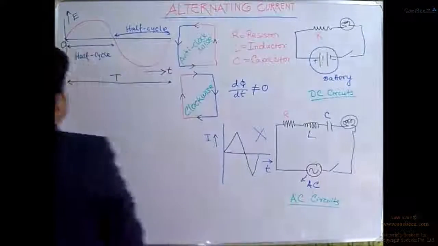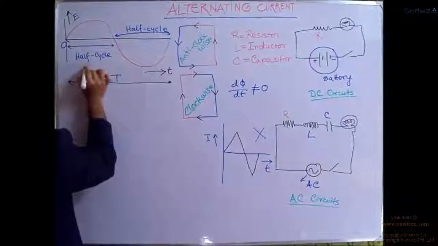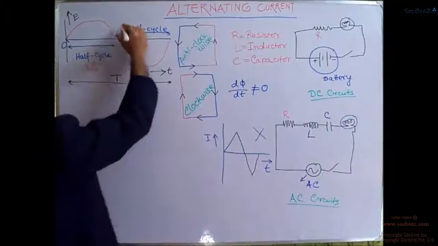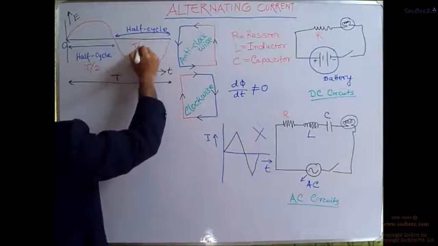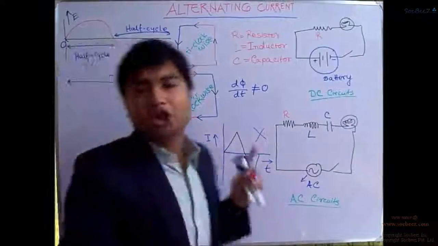The time of the half cycle will be T divided by 2. This will also be equal to T divided by 2.